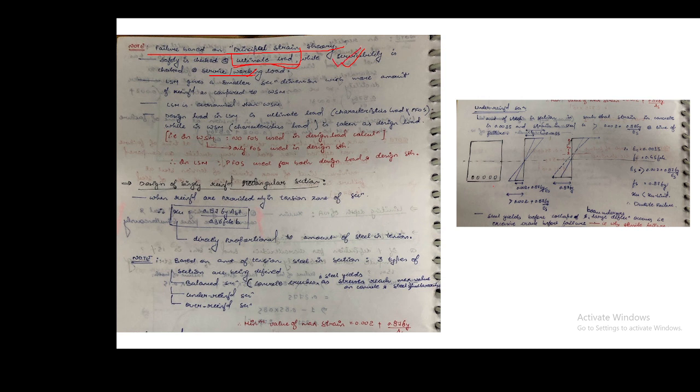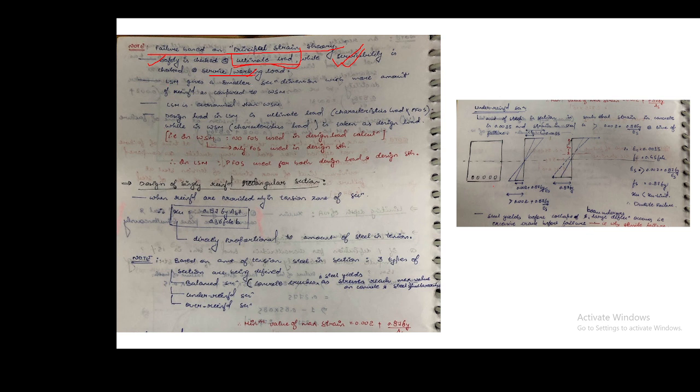What is serviceability? We have discussed that. If a structure is safe but not serviceable, people will not like to stay there. For example, if there is a lot of deflection in your structure, people will not like to stay in that structure. So that is always checked for the service and working loads.